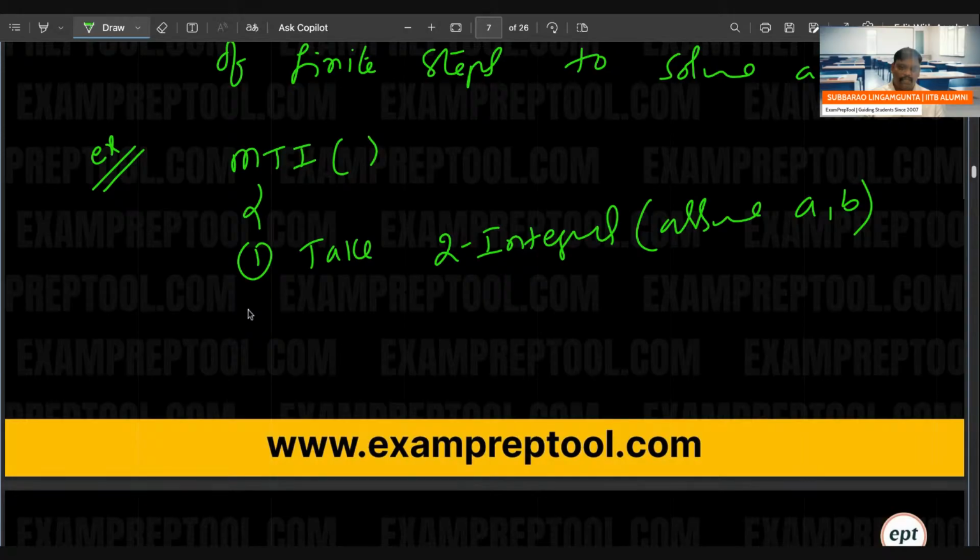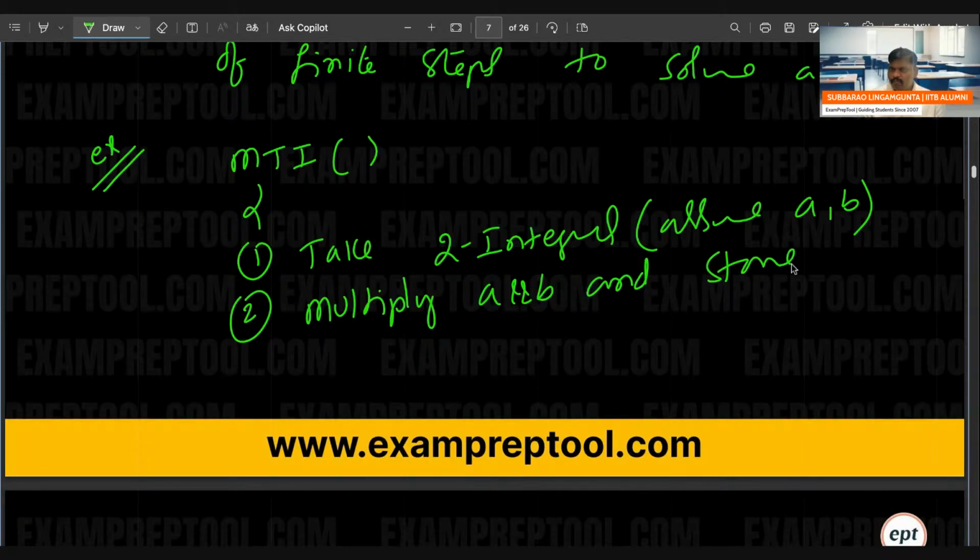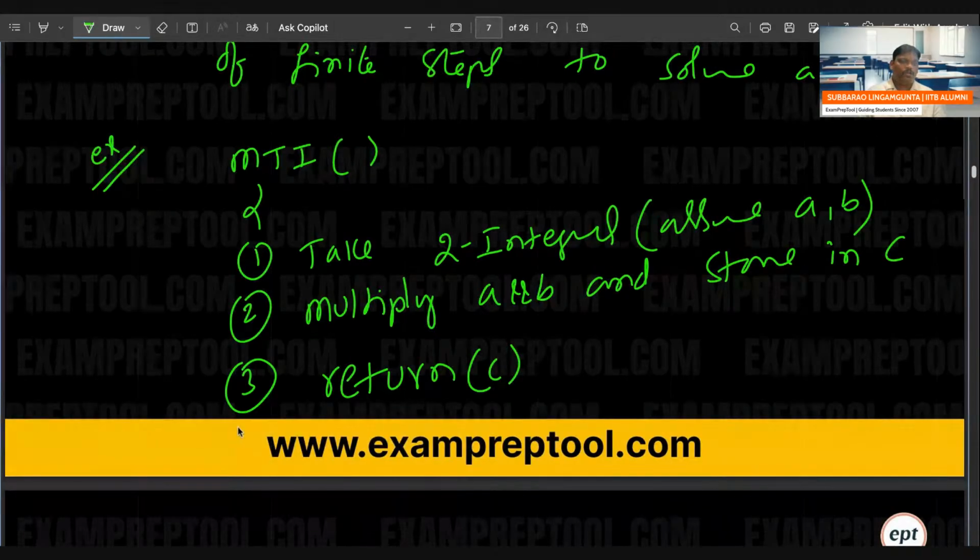Let us assume those are A and B. Second step, multiply A and B and store in one more integer C. Third step is print C or return C. End of the multiplication of two integers.